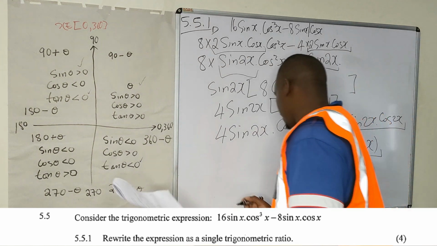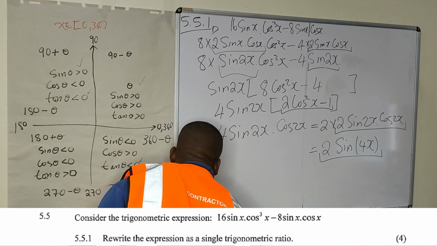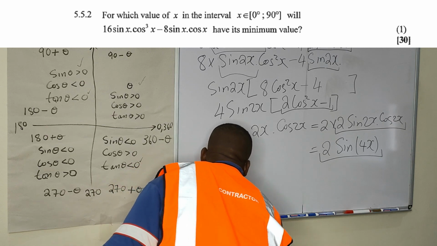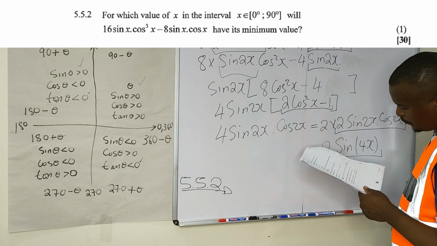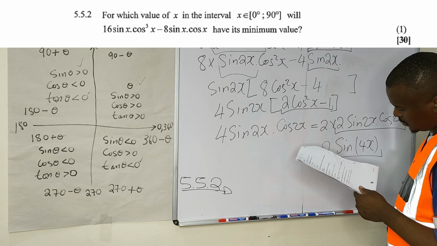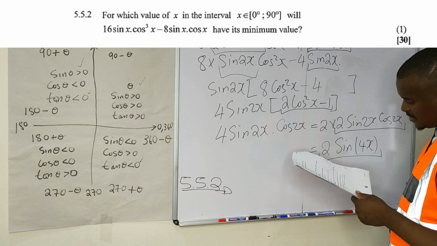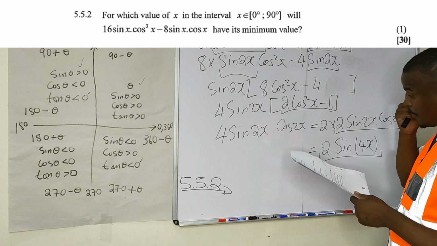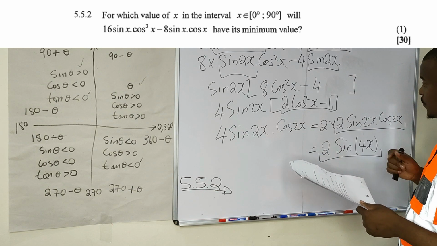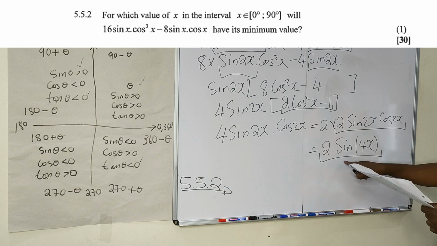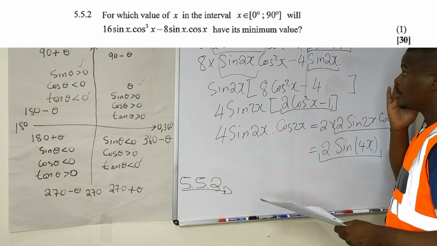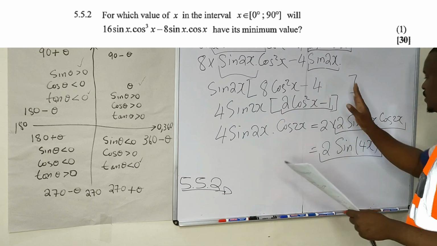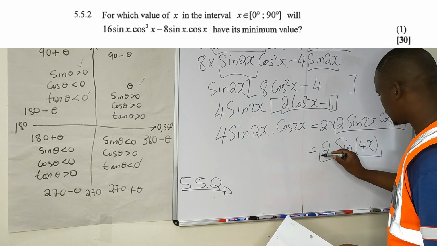So 5.5.2. For which values of x on the interval 0 to 90 will this have the minimum value, right? So they're asking for what values of x will this. Okay. Let me clean this question, but I'll keep this.